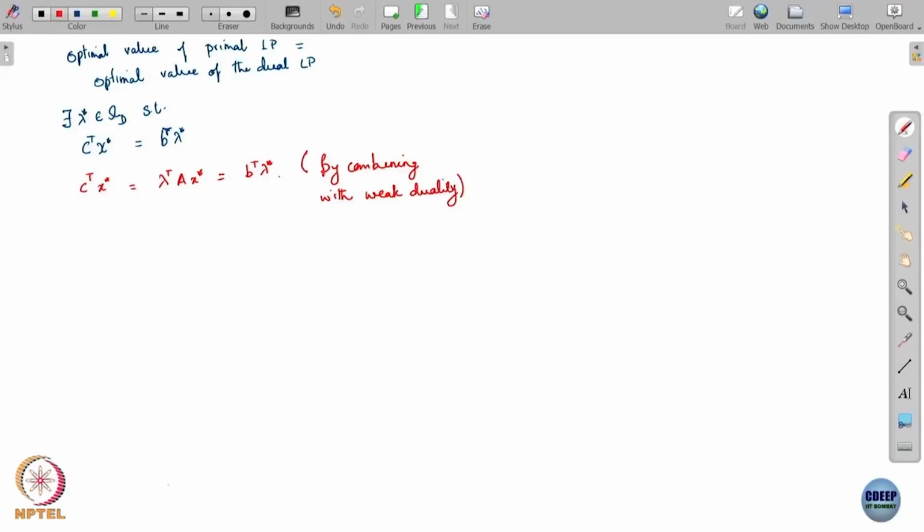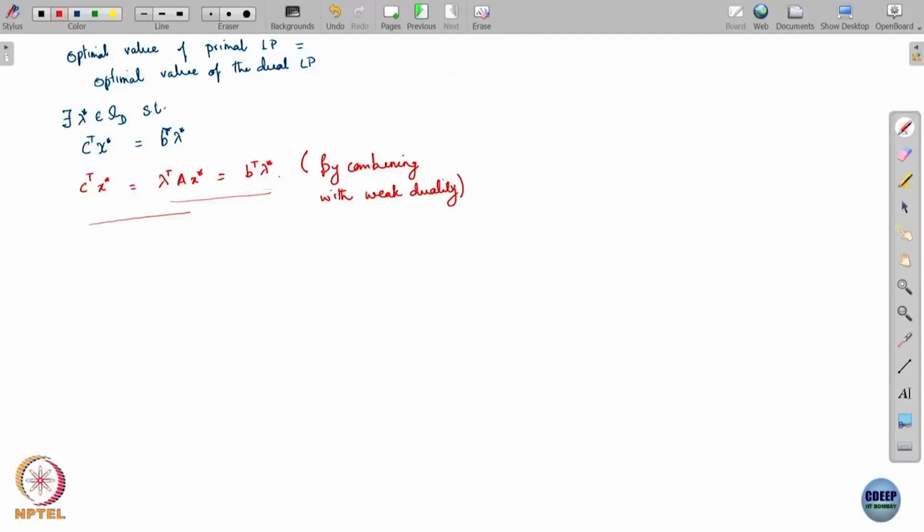Okay. So now what does this say? What does the red statement here say? Well, the red statement simply says that I can do the following. There are actually two equations here, one equation here and another equation here.